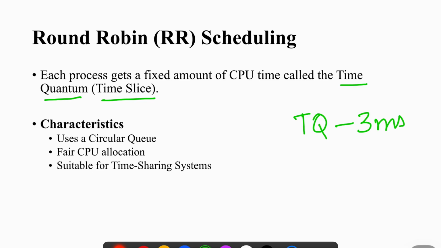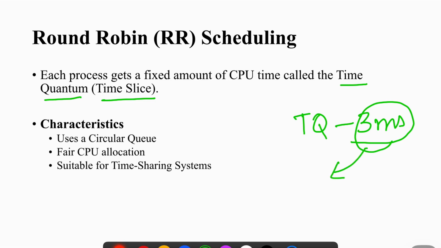Then the CPU executes each process for a maximum of 3 milliseconds only. Either it can use lesser time for execution, or a maximum of 3 milliseconds. Whatever is allotted, it might be 3, 4, whatever. For this example, I'm taking 3.